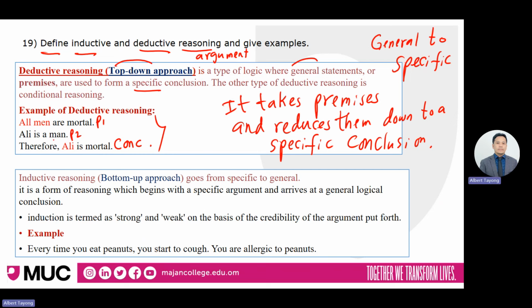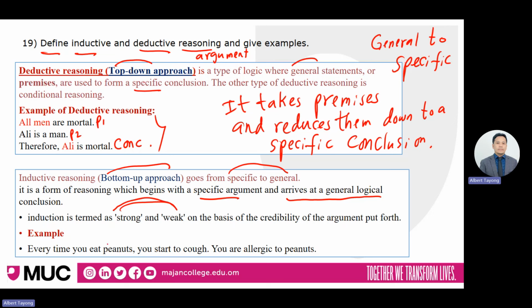The inductive reasoning is opposite. Instead of top-down, we say bottom-up approach. So from specific to general. So it begins with a specific argument, arrives at a general logical conclusion. So we cannot tell whether it is true or false. We can just say strong or weak.